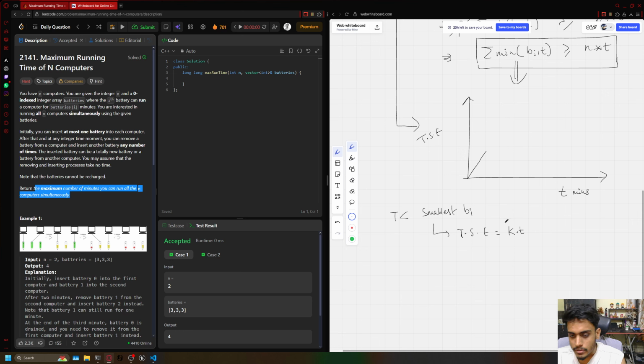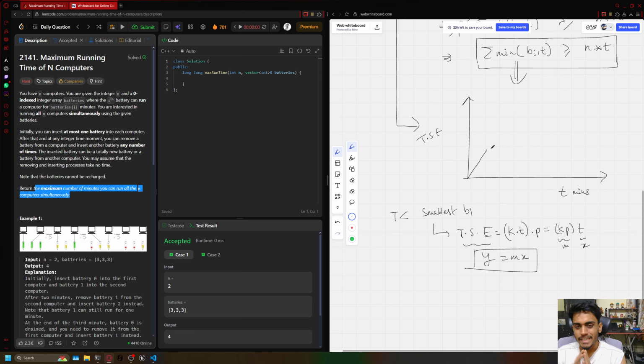So for the total number of batteries, this will be the summation, times P. Now if I plot this curve with respect to T, it will be Kp times T. This is similar to our line equation: if I take this as y, this as m, and this as x, it is a linear chart, y equals mx. Here we don't have an intercept.